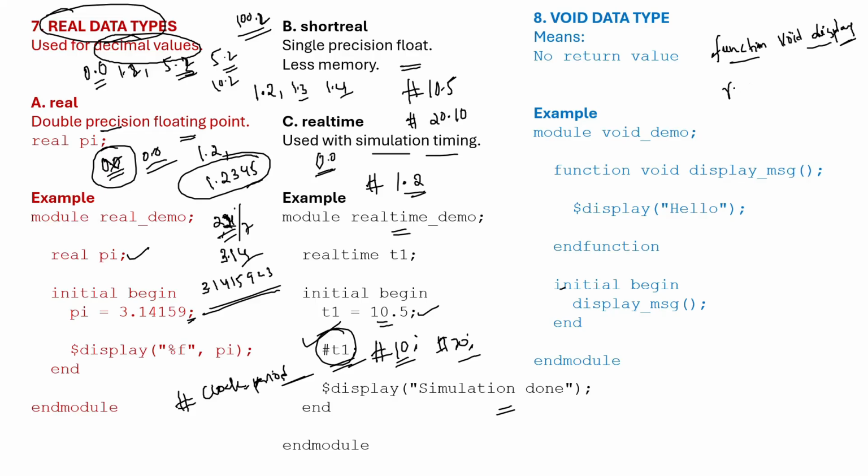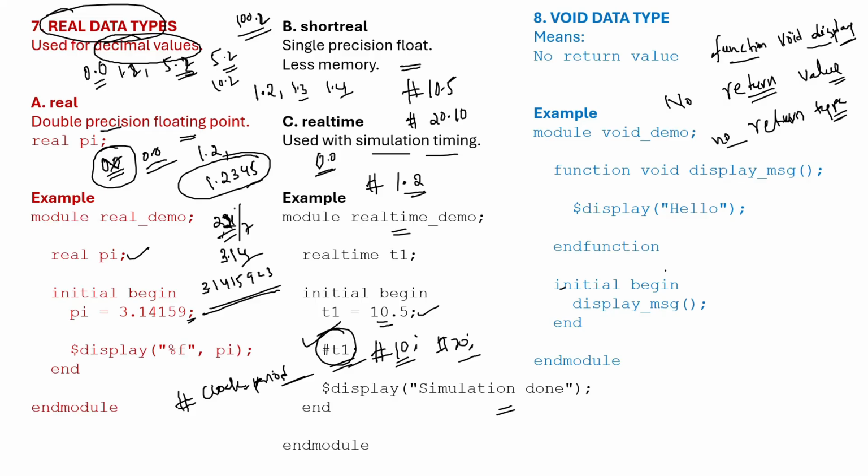It does not return any value. There is no return type in function void. Void doesn't return any value.